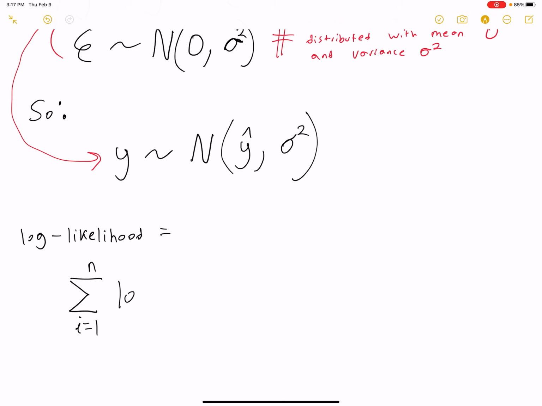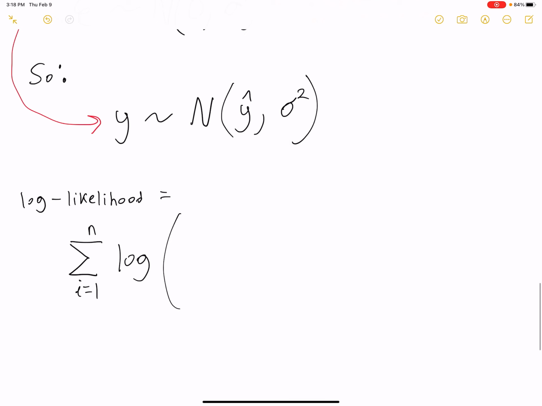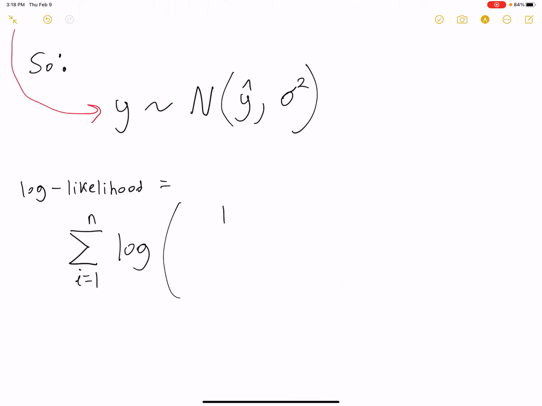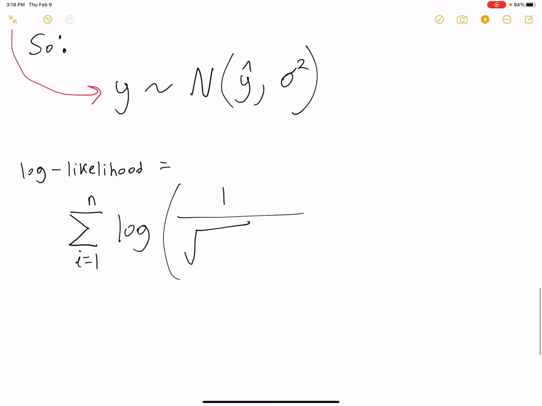So the sum of the logs of that ugly normal distribution equation. I'm going to write it out, but again, details aren't super important in terms of the 2 pi and sigma squared, not really critical.